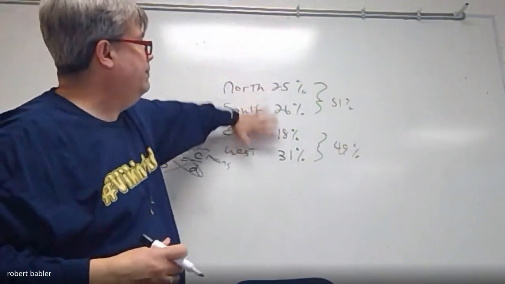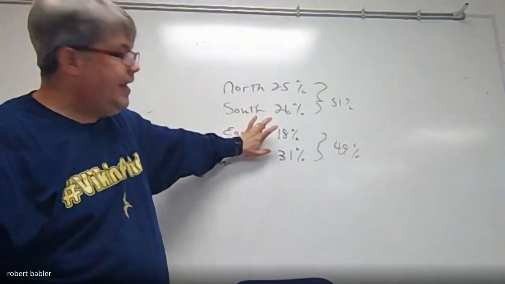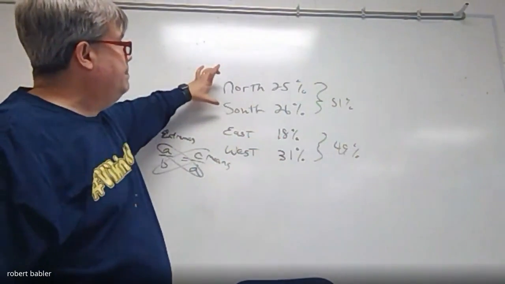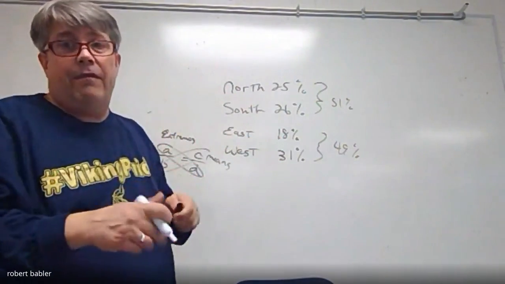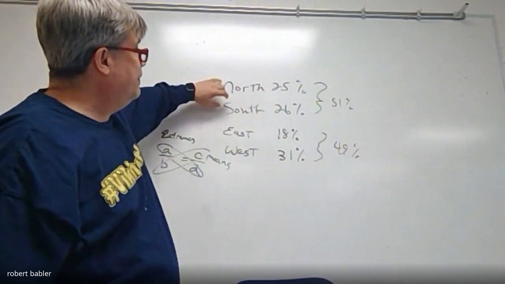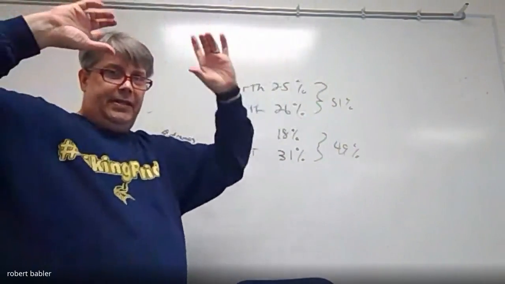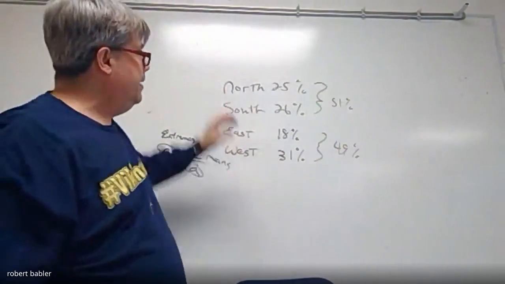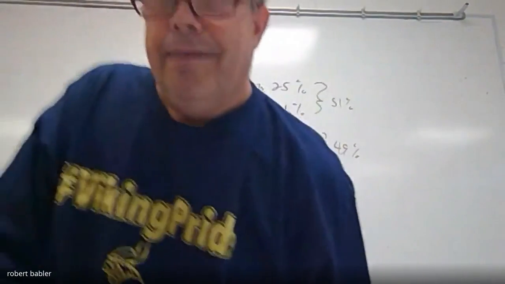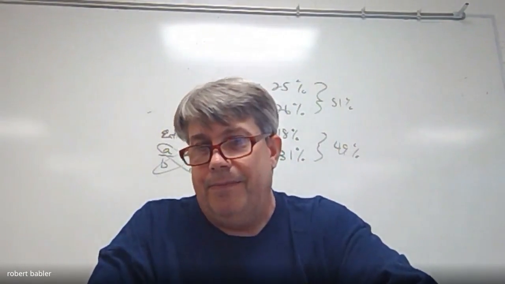And that's what we have here numerically: we've got the extremes being the east and the west, 18%, the smallest percentage, and the largest percentage. And then we've got the means, the middle, because mean means average or middle ground. And so you've got the means being 25 and 26. So one section of the cross, the east and the west, has the extremes and the other has the means. But when you look at them together, they're both pretty much the same thing. So like I said, I don't know if there's any significance to that. Probably not, but hey.